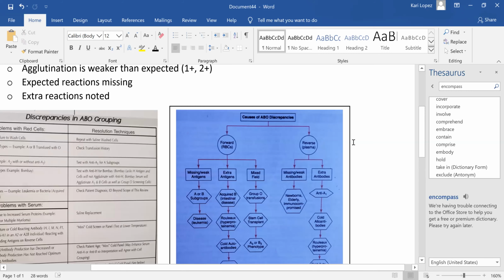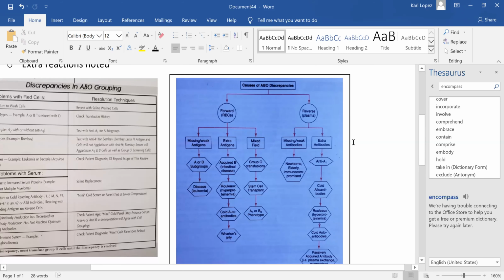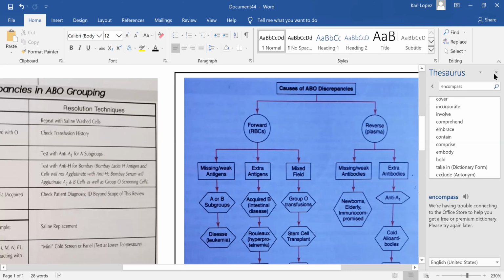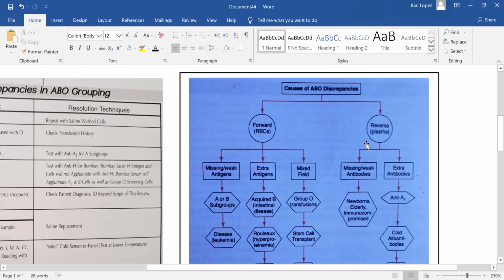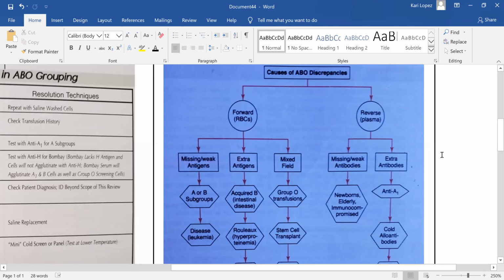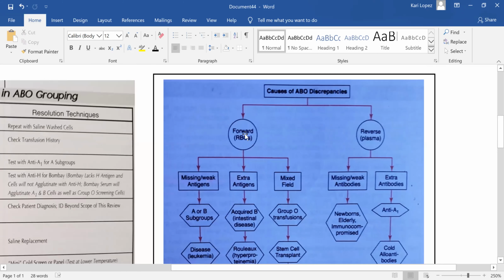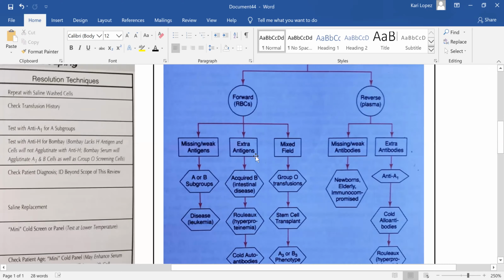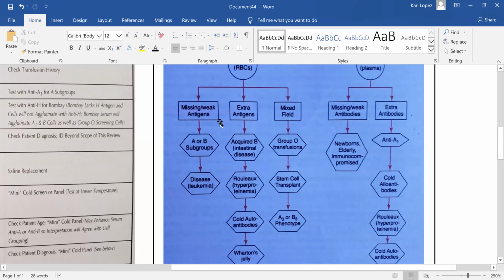So here's a nice, smaller flow chart for ABO discrepancies. If you're having a discrepancy in forward typing, you can go down. It's either missing or weak antigens, extra antigens, or mixed field reaction.